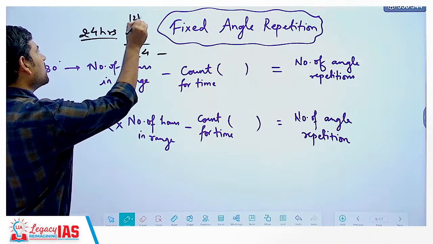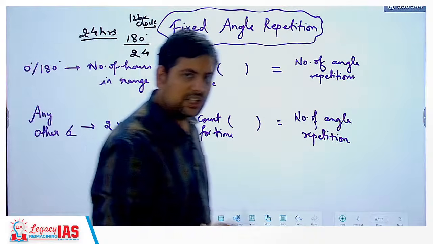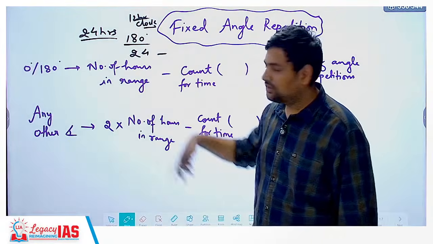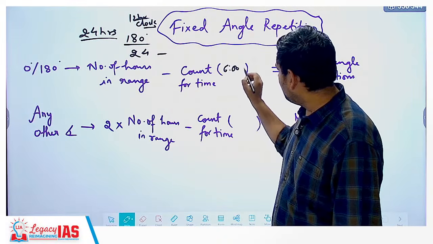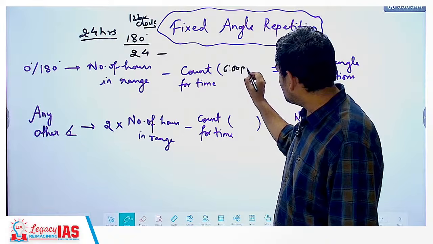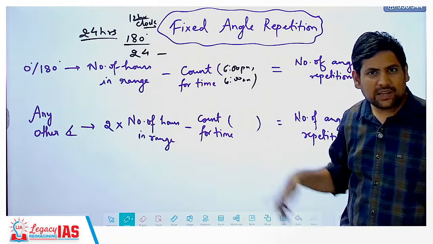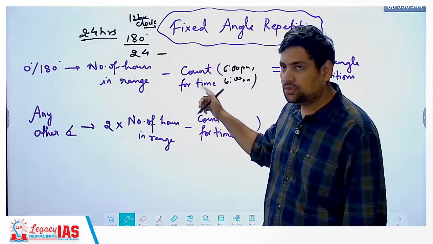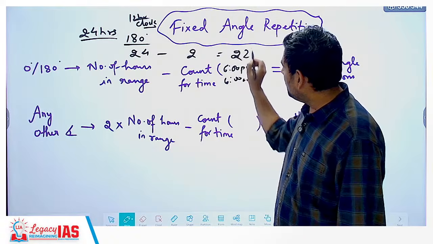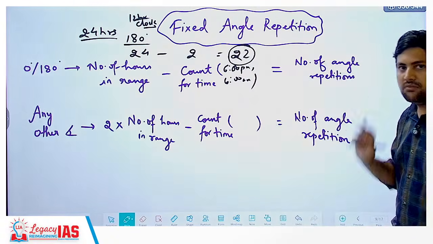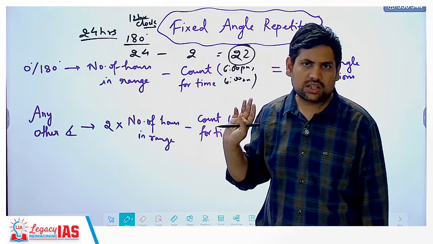We have 12-hour clocks, so it keeps repeating. How many times will you find exactly 6 o'clock? Twice: one is 6 p.m. and the other is 6 a.m. So 24 minus 2 gives you 22. This is the number of repetitions of 180 degrees in 24 hours.